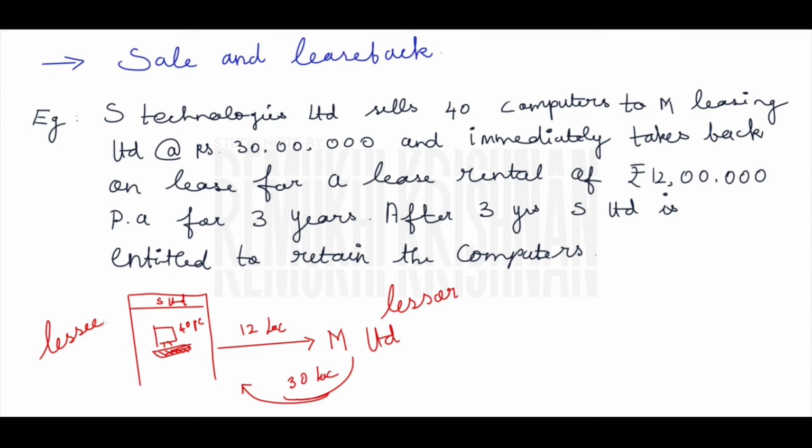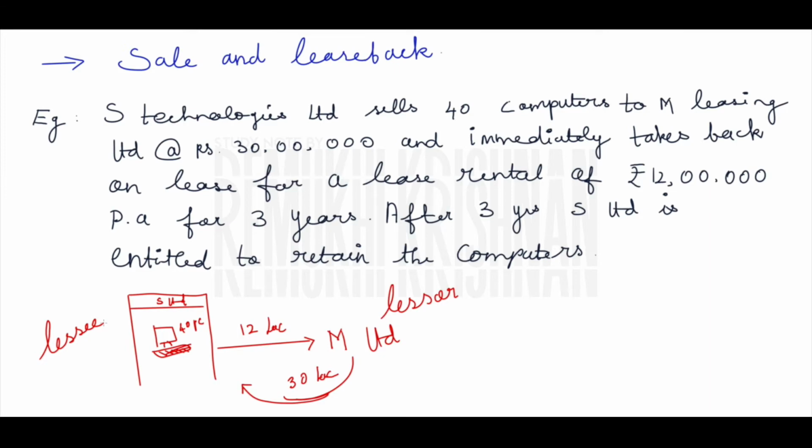Yes, it has been recovered. 30 lakh, the cost of the asset, is already recovered plus an extra amount, which is nothing but the return on the cost of the asset. The entire value is being recovered, so this is a finance lease. This is how you have to interpret it.